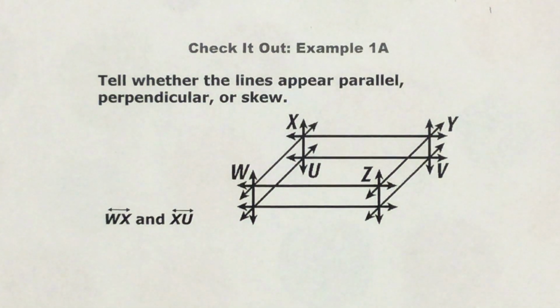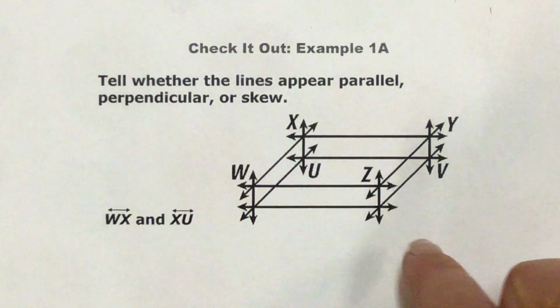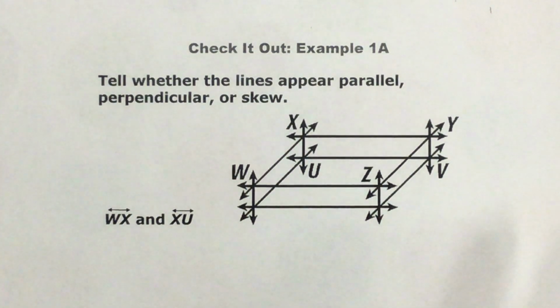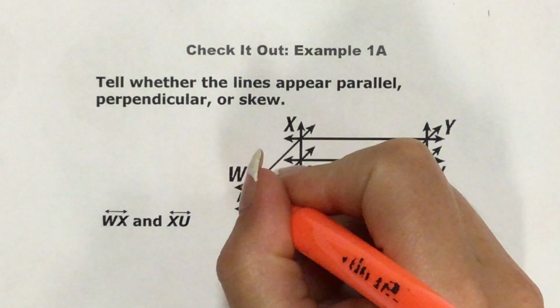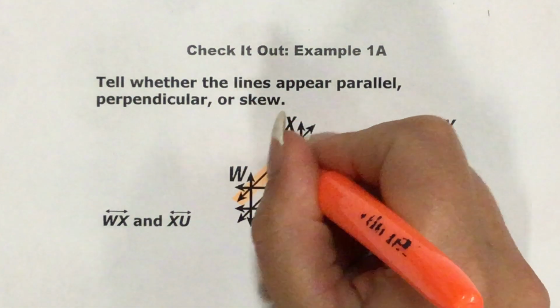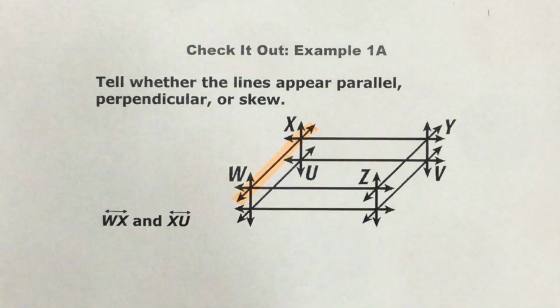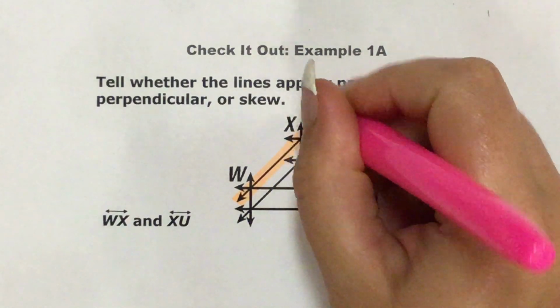All right, we are back. Let's go ahead and see whether these lines appear to be parallel, perpendicular, or skew. Okay, the first one is WX. WX is right here. WX and XU. XU is right here.